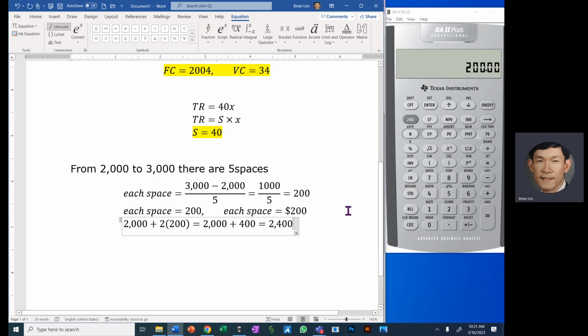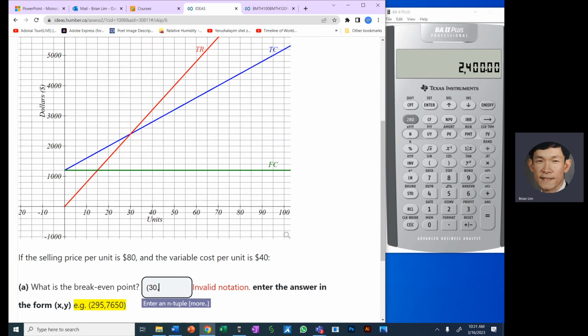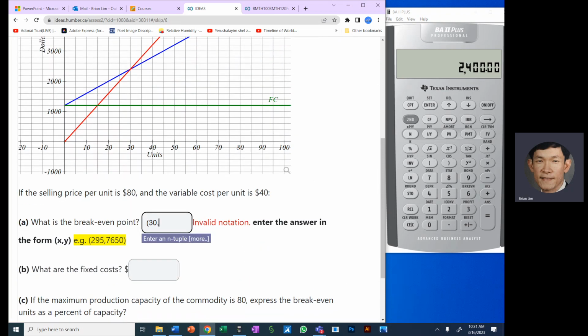All right. So that is how we would do it. Or we could take that 200 right on the display on the calculator, multiplied by 2, it's 400, and then we add 2000. Okay, and we get 2400. So it would be correct to say that the number that goes beside this 30 right here is 2400.